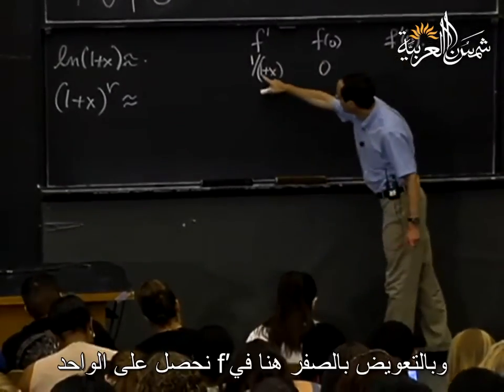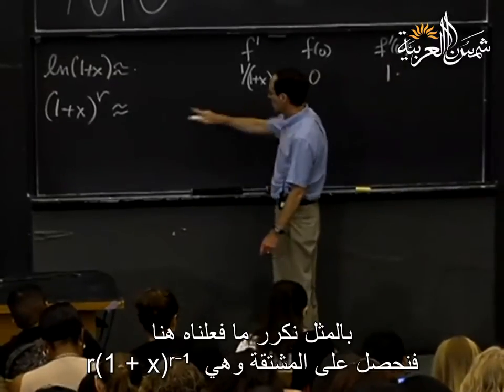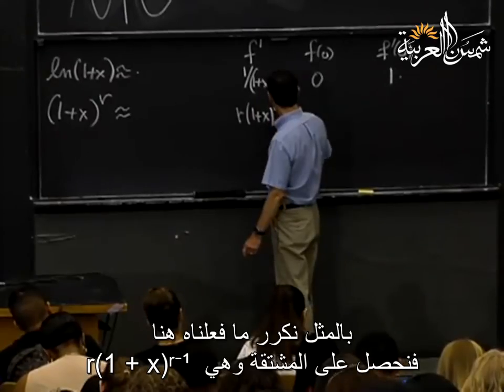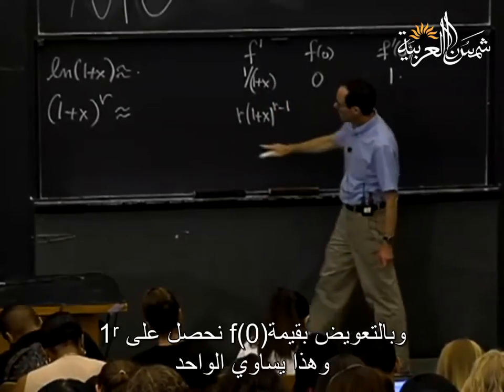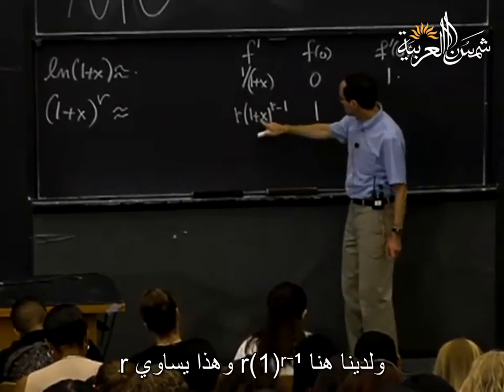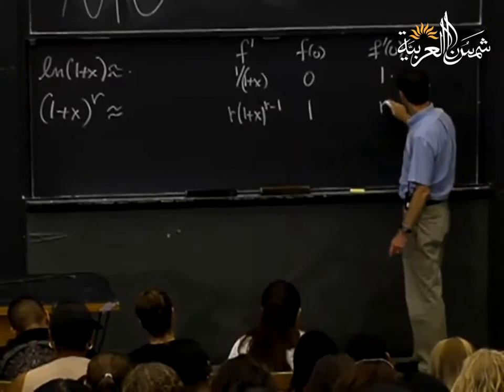And f prime, if I plug in 0 here, I get 1. And similarly, for this one, I get r times 1 plus x to the r minus 1. When I plug in f of 0, I get 1 to the r, which is 1. And here I get r times 1 to the r minus 1, which is r.